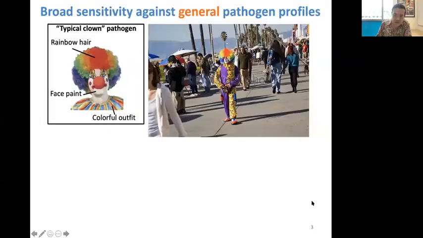Okay, and let me go back and start share screen again. Okay. Do you see it now? Now it should be broad sensitivity against general pathogen profiles. Yeah, it's still black. Yeah. Huh. Okay, so let me stop this. Oh, I can see it now. It's working now. And now it suddenly appeared, right? Yeah. So there's something weird going on, because even though I started it and you guys said it was still black, I didn't do anything else. And then all of a sudden it appears on your end.